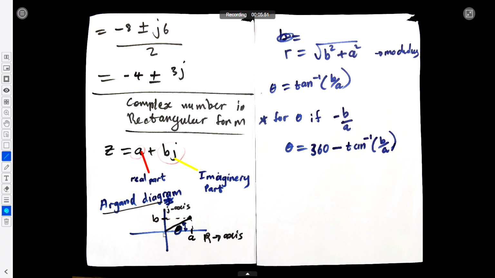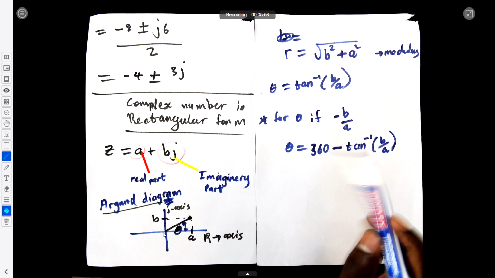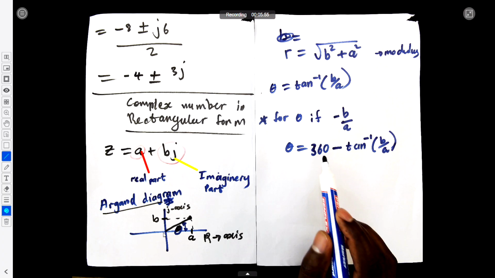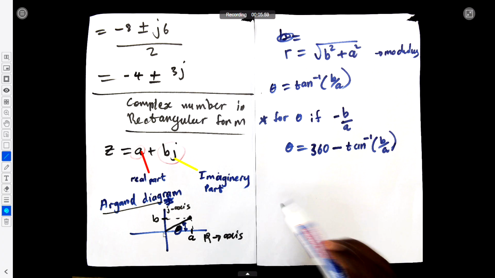When you are looking for tan equals negative b over a, and b is the one which is negative, the solution must be in the fourth quadrant, so we say 360 minus.